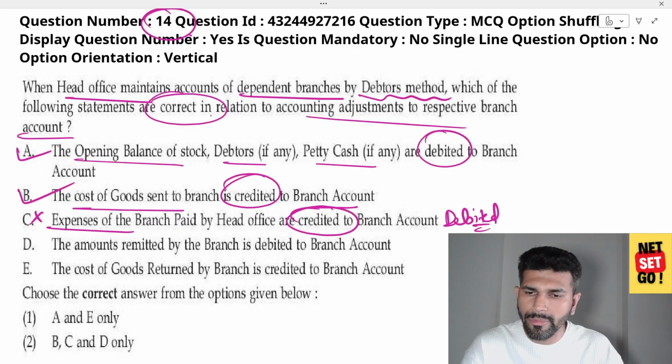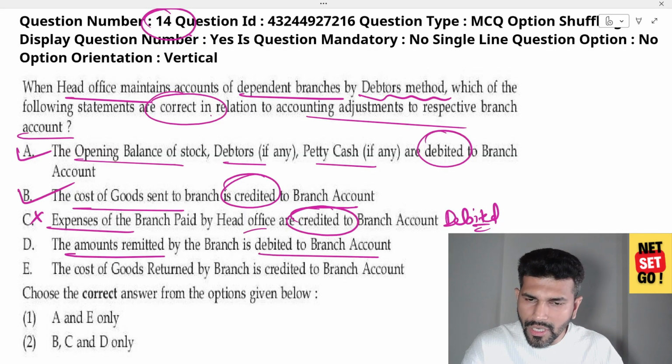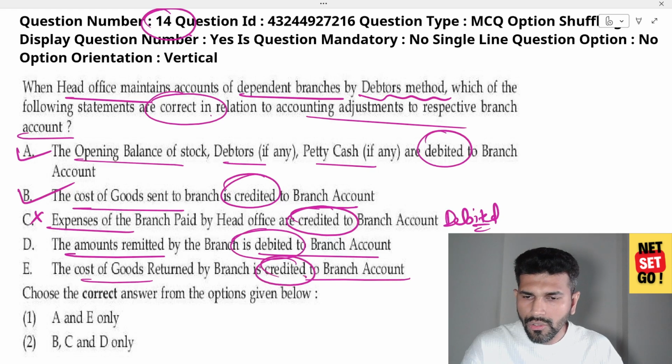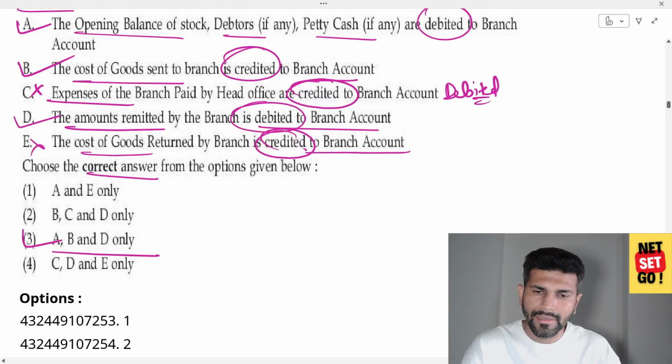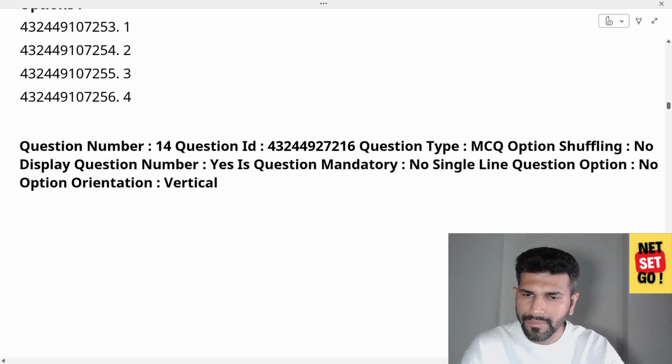So expenses should be debited to branch account, not credited. Amount remitted by branch is debited to branch account, correct? And cost of goods returned by branch is credited to branch account. No. So option A, B, D statement are correct. C and E are incorrect. Correct answer is A, B and D. So option 3 is correct answer.